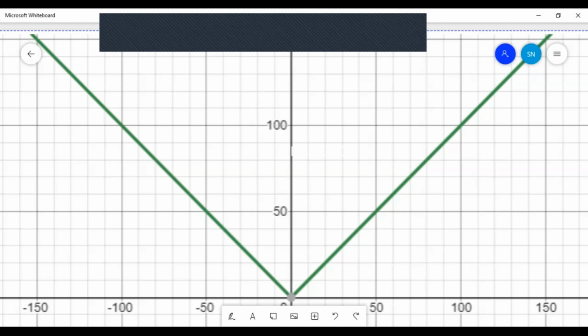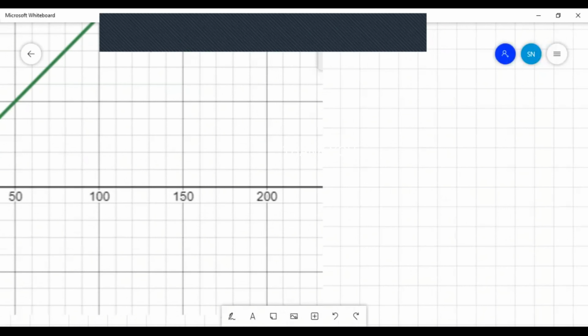It is obtained at x equal to 0. You can clearly understand from the graph. And coming to the maximum value, it is going up to infinity, right? So that means there is no maximum value. The maximum value of this function is not defined, right? So these are the points from the graph of modulus of x.